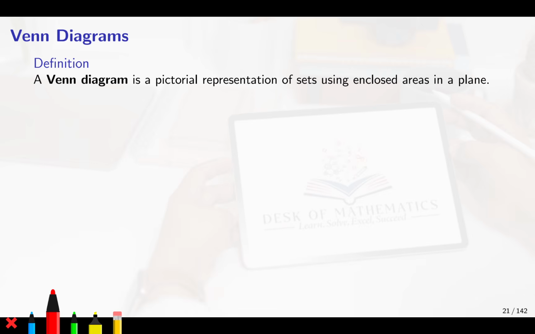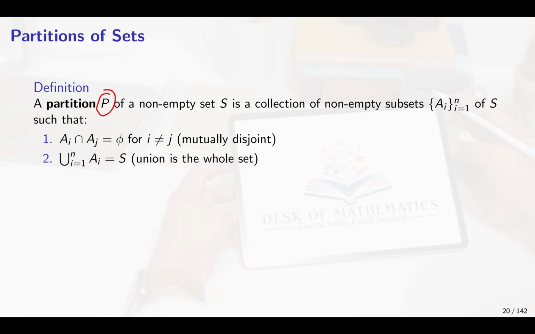This one is very important, and I just want to solve one question. Sometimes they may give you a set and the subsets of that set and ask whether this is a partition or not.